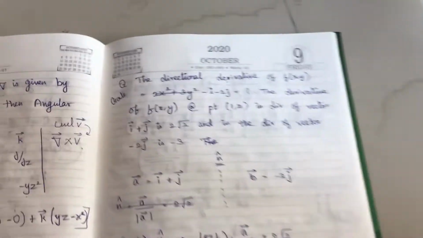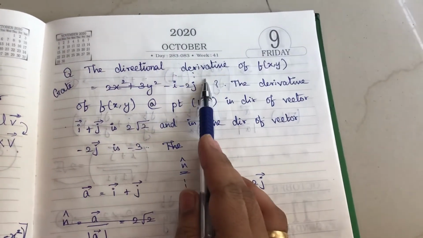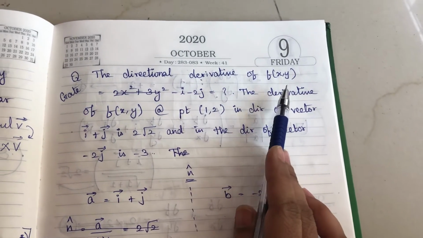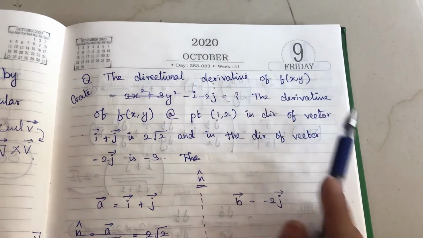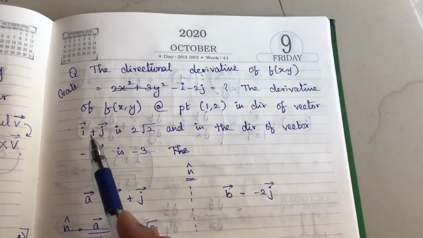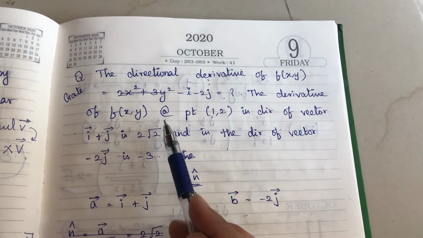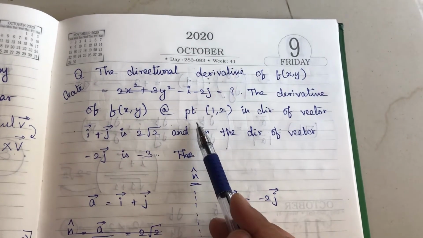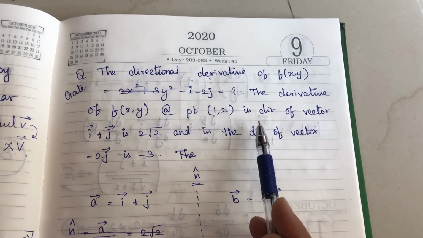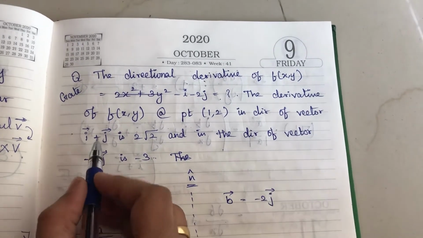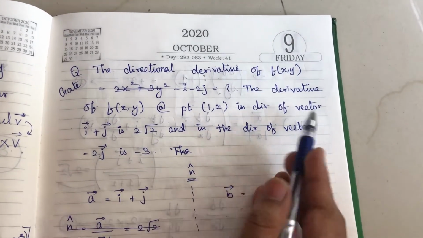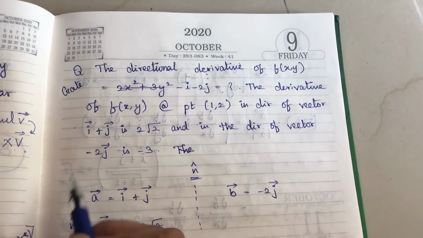Okay, next sum. The directional derivative of f of xy. They have given one function and they want to find the directional derivative, DD, of the function f at the given point, in the direction of a vector. They have given n; this is always used for the n cap, right?